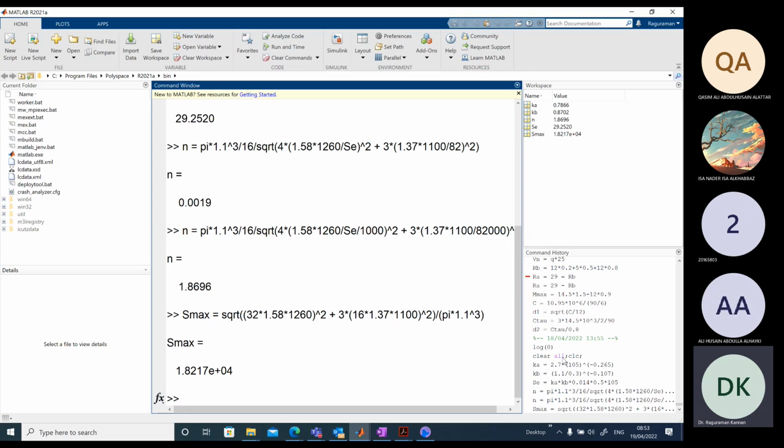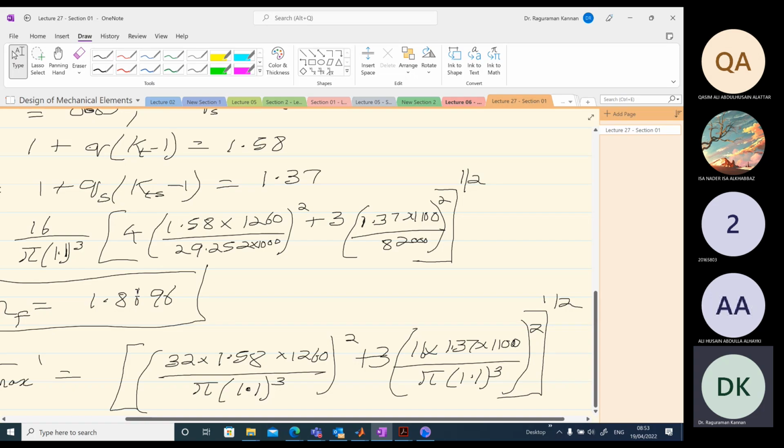By the way, we have the sigma max result here according to the formula in pounds per square inch. We want it in kpsi. So in order to do that, I have to divide by 1000 here.